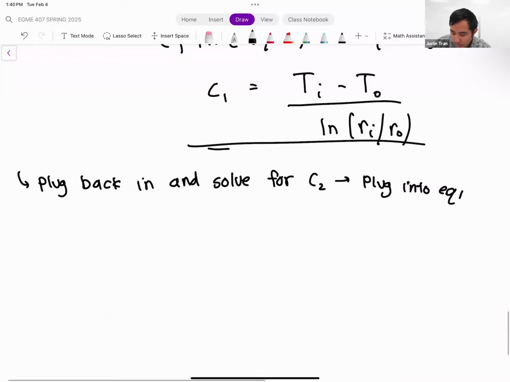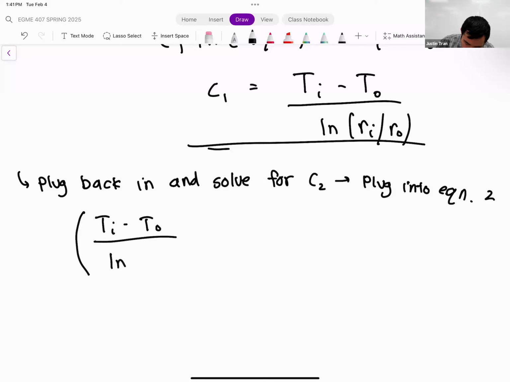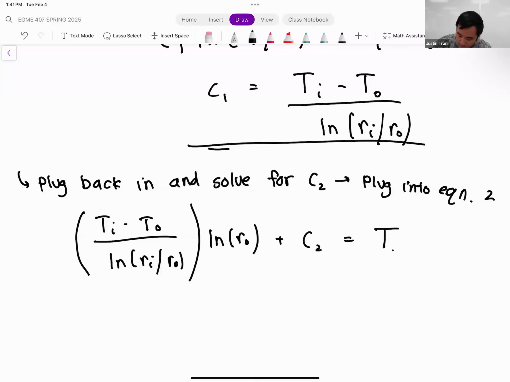But believe it or not, you're going to get the same result whether you plug into equation 1 or equation 2. So equation 2 is C1 times ln Ro plus C2 is equal to To. We plug in for C1, we get Ti minus To divided by ln of Ri divided by Ro, multiplied by ln of Ro, plus C2 is equal to To.